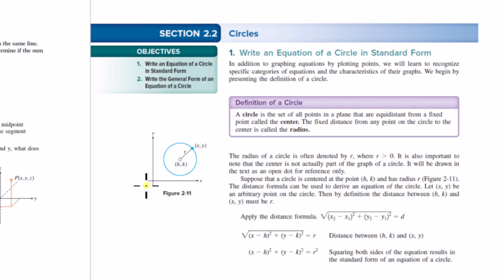Again, a circle is the set of all points that are the exact same distance from a center point, that distance being the radius r. The center point is not on the circle. It's a very important reference point, but it's not on the circle, because the distance of the center point from the center point is 0. Any point that's on the circle is the exact same distance from the center point, with that distance being r.